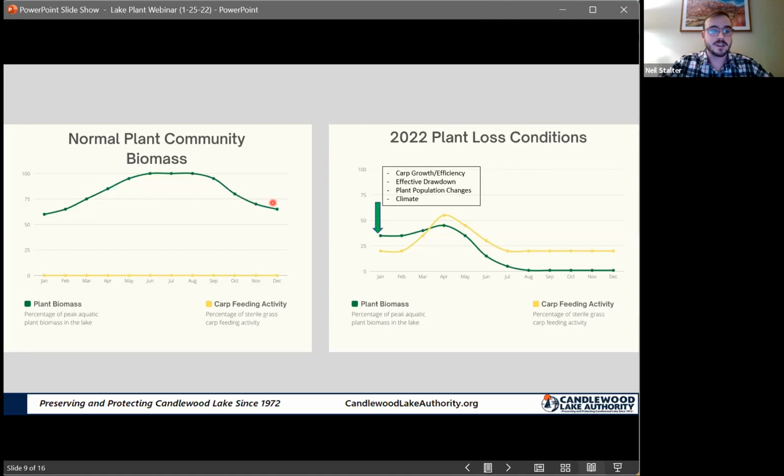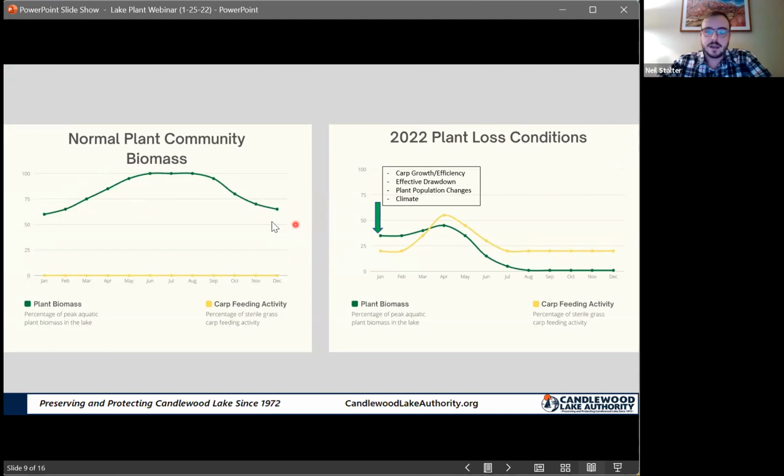And so that's why the decline here in this green line from the summer 100% to the wintertime is actually pretty low. Some native plants naturally die back in the wintertime. Milfoil tends to like to stick around, but it stops growing. But you do lose some in the winter just from something like a shallow drawdown, natural loss, but not a whole lot in a milfoil lake.